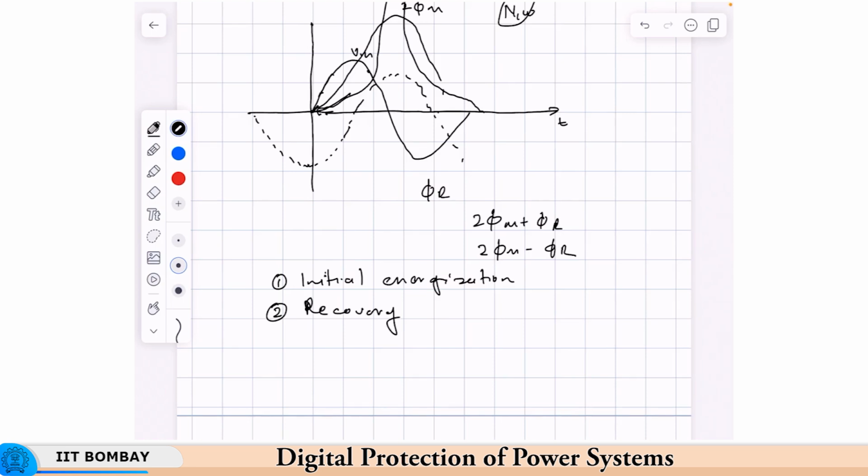It may not be as bad as the initial inrush, but it is there all the same. And the third one is of course a sympathetic inrush.